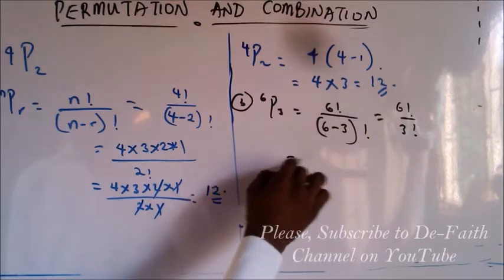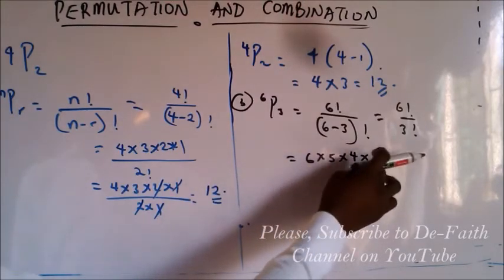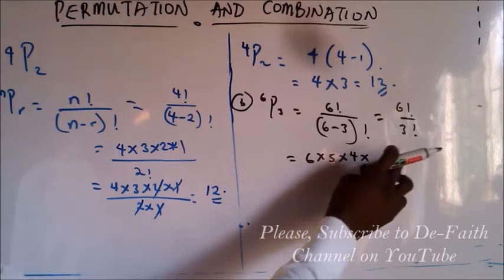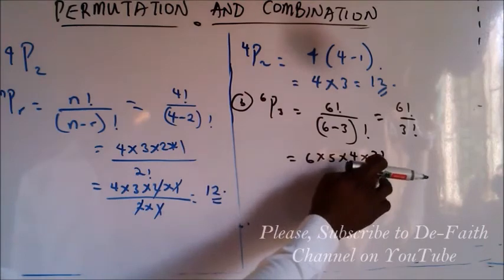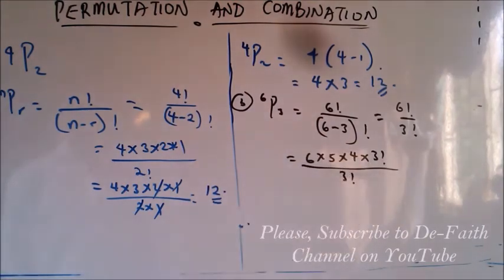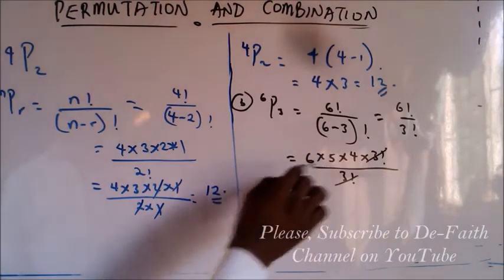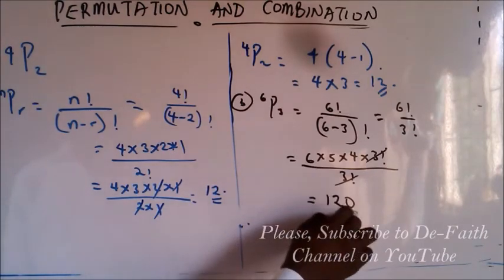So 6 factorial is the same thing as 6 times 5 times 4 times 3 times 2 times 1. Now instead of doing all that, you can just write 3 factorial, since 3 factorial means 3 times 2 times 1, over 3 factorial. And so 3 factorial cancels 3 factorial, and you are left with 6 times 5 times 4, and that gives 120.